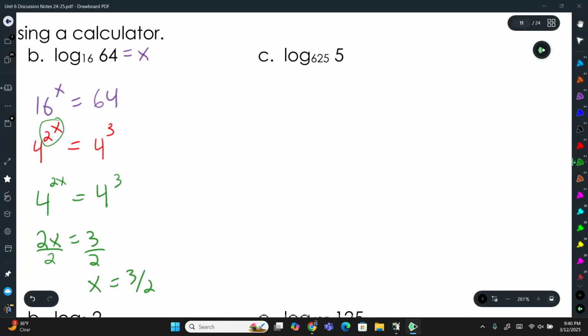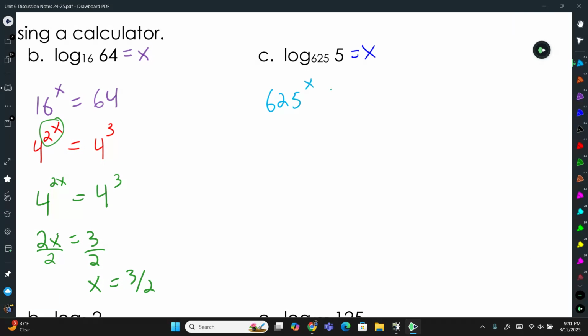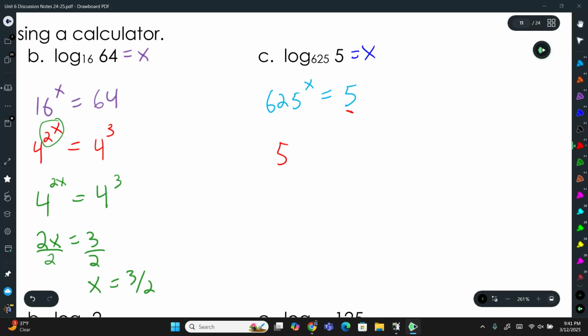All right, then letter C equals x. So we have 625 to the x power equals 5. This one's a little bit easier because 5 to some power is 625. So we don't have to do anything to the right side. We are going to change the left side here, 625, to 5 to the 4th power.